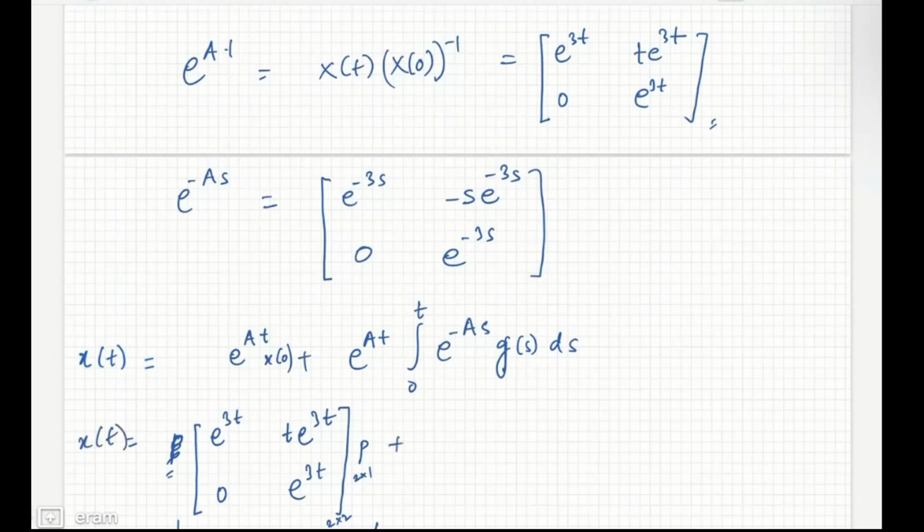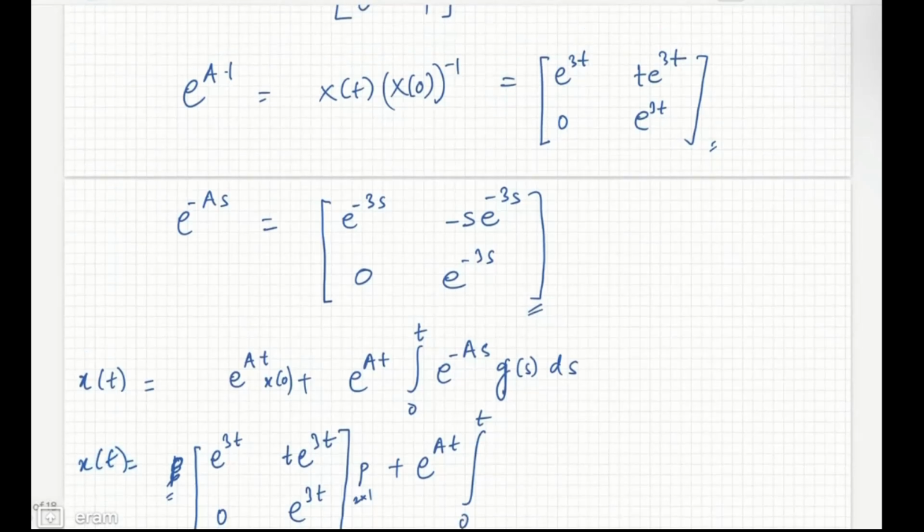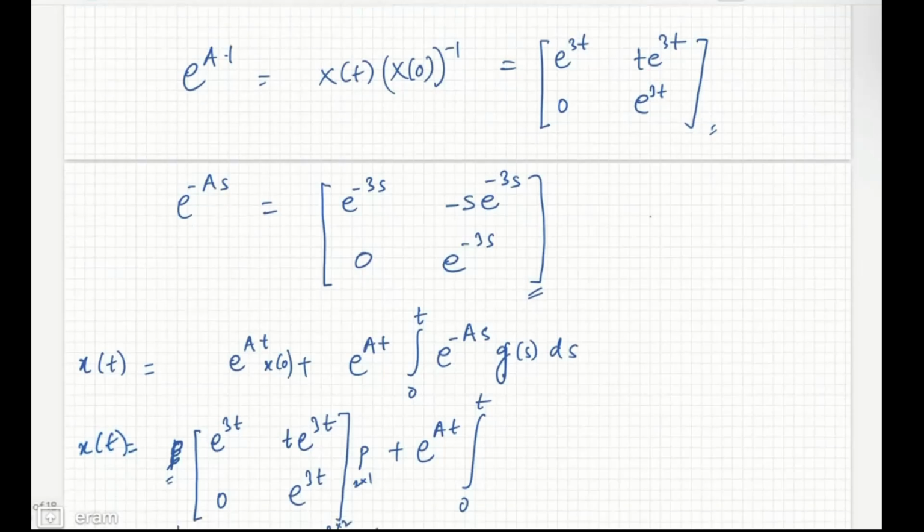And now for this part, let's keep this e to the power At as it is and do the integration of this thing. Now we have e to the power minus As as this, and g(s) is given as [sin s, cos s].